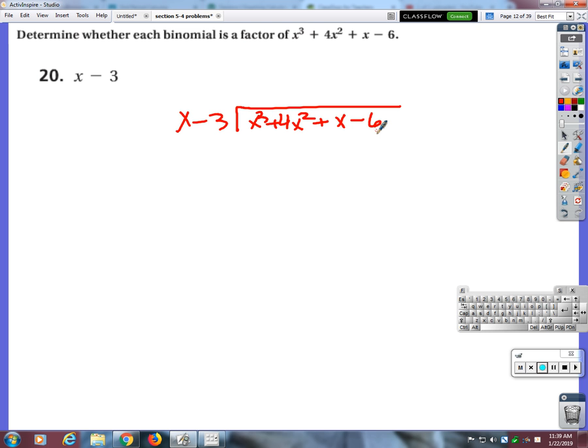Chris, what's x cubed divided by x? Uh-huh. Multiply those back out. X cubed. Okay. No, because remember I'm subtracting. So that basically, right. And then bring down the x and go again.